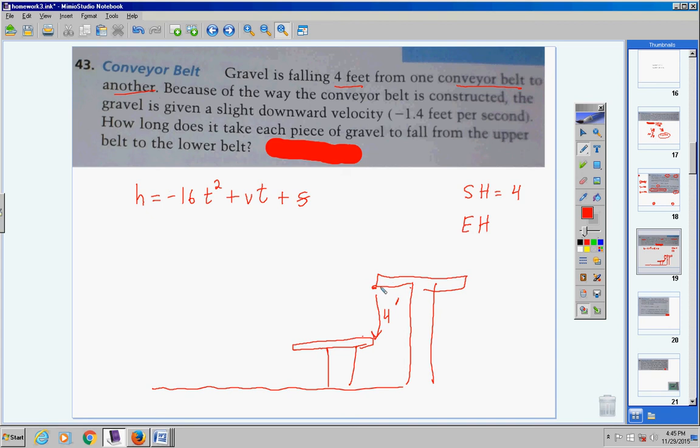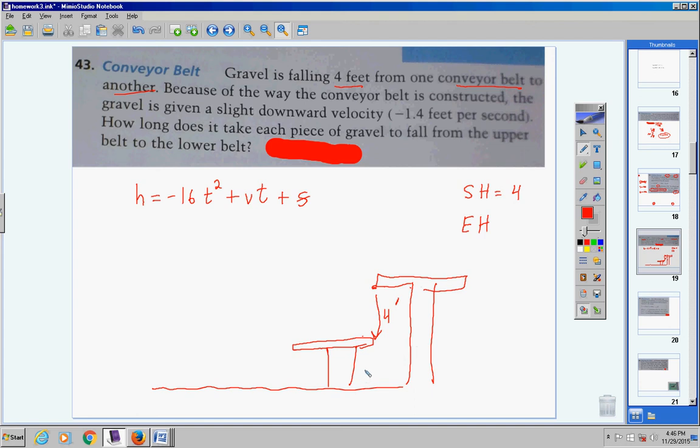So you're probably saying, what do I do? Because I don't know what the height of this is off the ground. Hold on a second. It's saying it's falling 4 feet to this conveyor belt here. It's not telling you the height of either conveyor belt, is it? No, it's not.